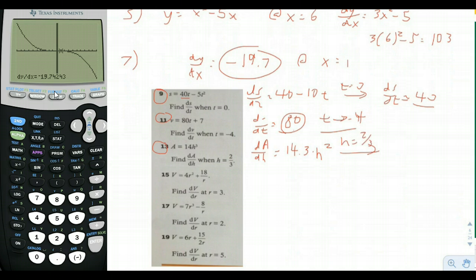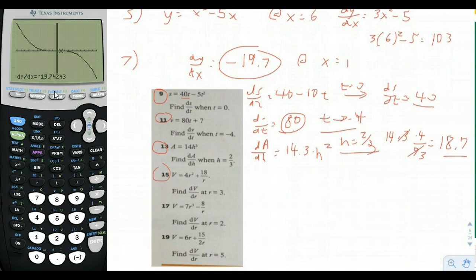Okay, so that would be 14 times 3 times 4, because 2 squared is 4, and 3 squared is 9. So actually this cancels out, we get 3 here. So 14 times 4 divided by 3, which is 18.666 or 18.7. Okay, that's 13.